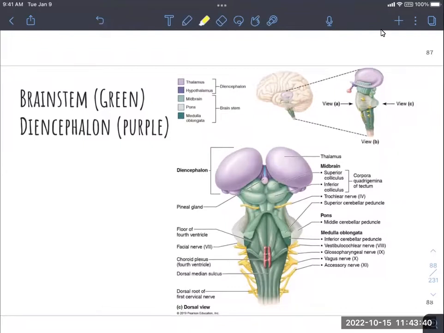We do have these models that look similar to this in the lab. You can see in that brainstem, our whole midbrain, it comes through here.